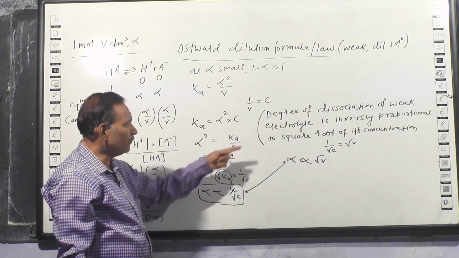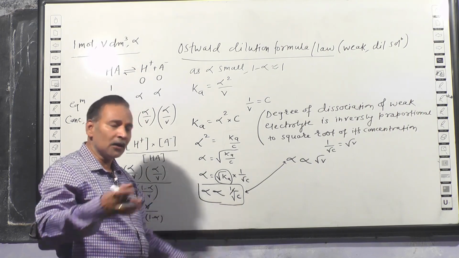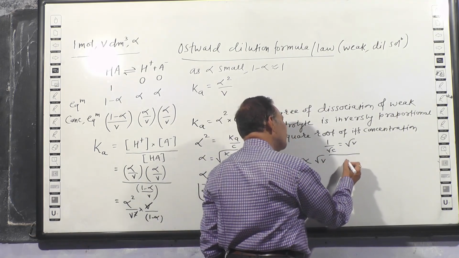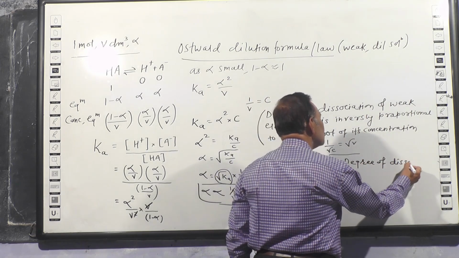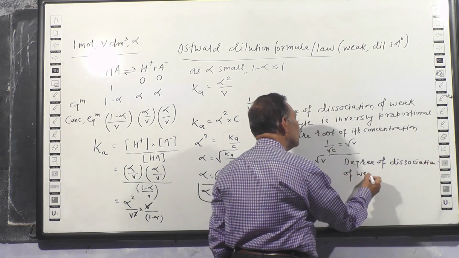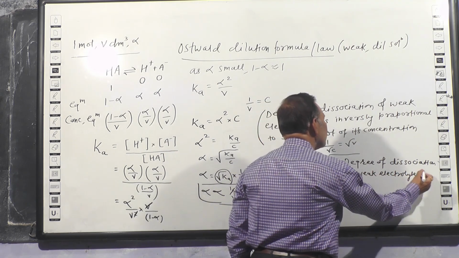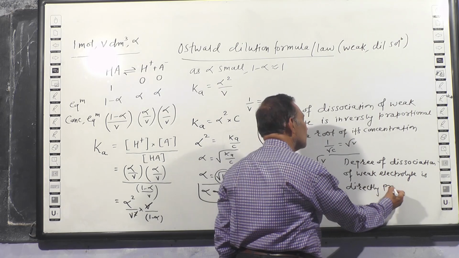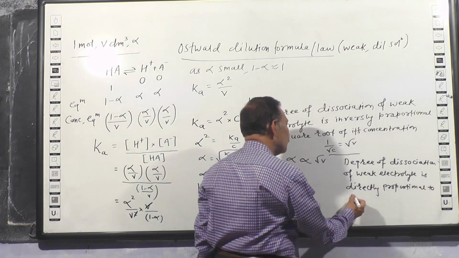So the degree of dissociation of a weak electrolyte is inversely proportional to the square root of concentration, or, in the same way, the degree of dissociation of a weak electrolyte is directly proportional to the square root of dilution.